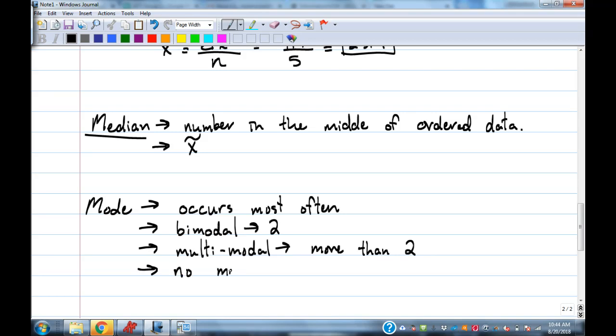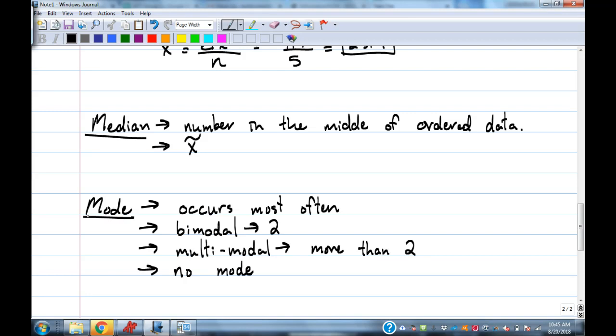There could be no mode. If you got a set of data and everybody occurs once, then there's not a mode. If everybody occurs twice, there's really not a mode. Okay, so if we're looking at a sample and there's no 1 or 2 values that occur more often than the rest, then there can be no mode out of that.